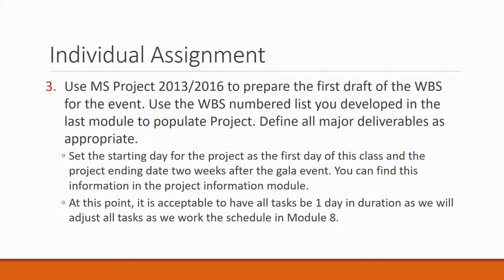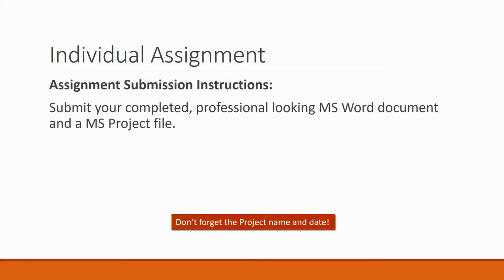The important thing is to get the tasks into Microsoft Project and to organize them by major deliverable. So your submission this week should be your scope management plan as a Microsoft Word document and a Microsoft Project file. So you're going to have 2 documents to submit.